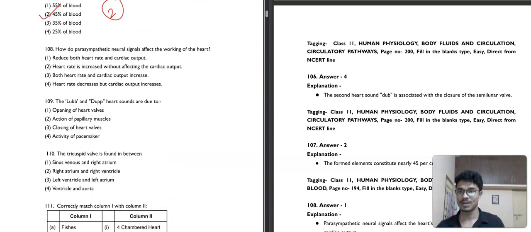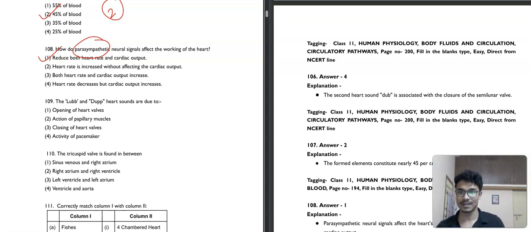Then question number 108. How do parasympathetic neural signals affect the working of the heart? Okay, so parasympathetic system basically reduces both heart rate and cardiac output. It is absolutely correct that sympathetic neural signal on heart increases both heart rate and cardiac output.